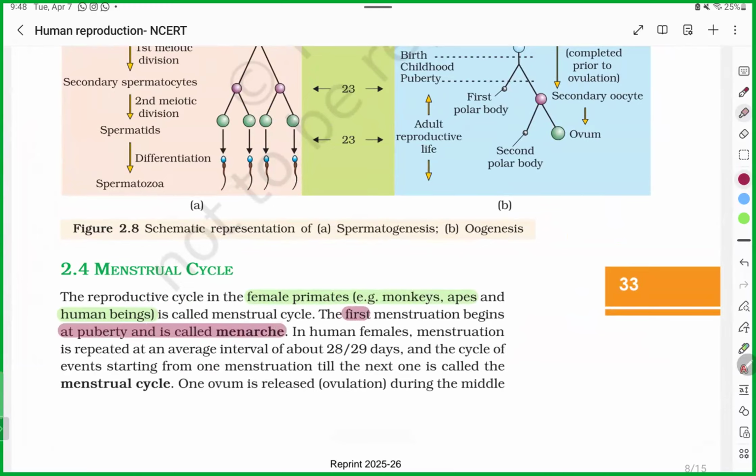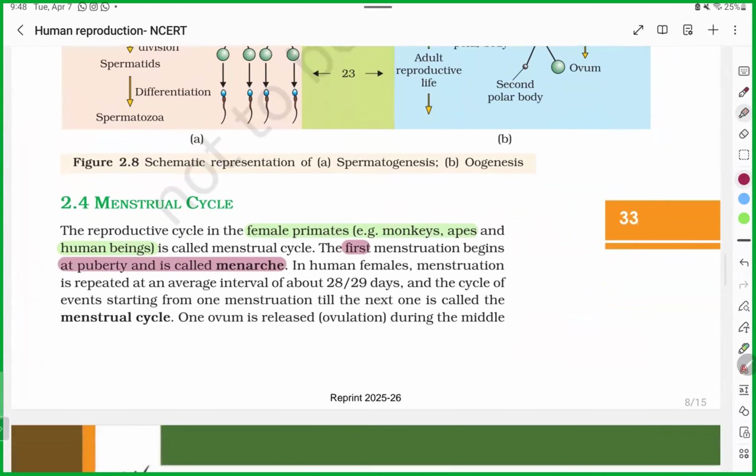Men means menses, arche means starting, beginning. In human females, menstruation repeats on an average, and it can vary from person to person. This whole cycle of events, starting from one menstruation until the next menstruation, is the menstrual cycle.